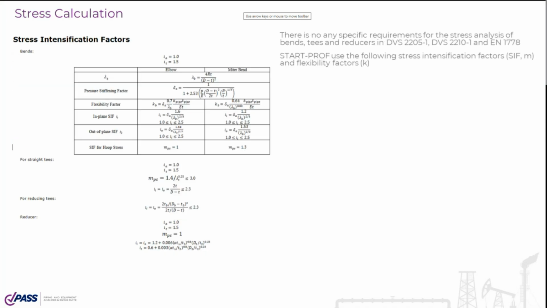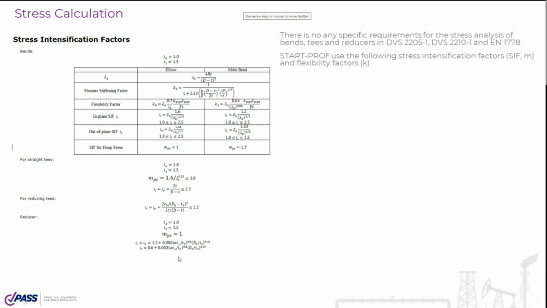And how do we calculate the stress intensification factors? We calculate them using the following equations. For bends, we use the following equations for flexibility and stress intensification factors. For straight T's, we use the following equation. For reducing T's, the following stress intensification factors, and for reducers.